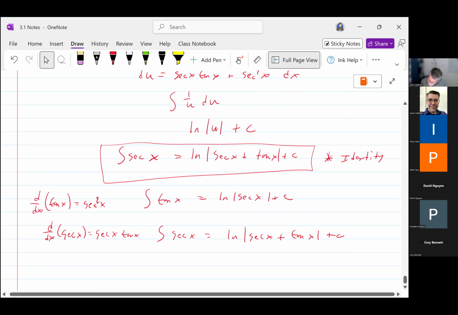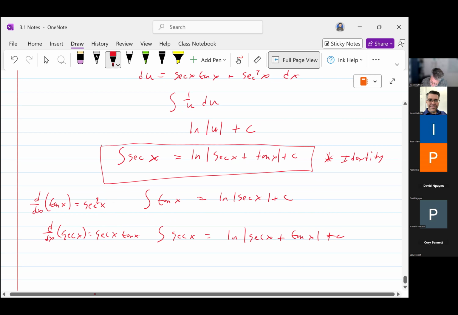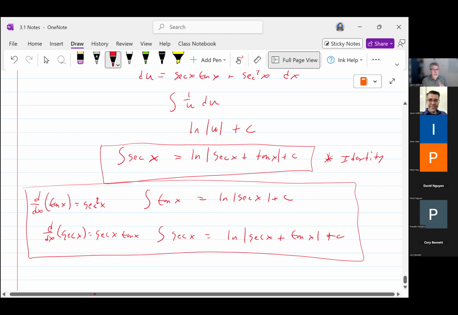Again, really beautiful formulas here. So these are all identities. We can take the derivative of tangent, we can take the derivative of secant, we can take the integral of tangent, and we can take the integral of secant.